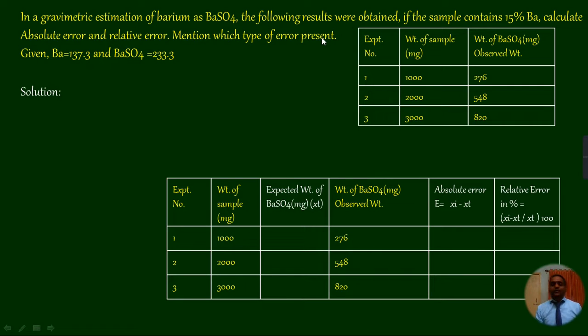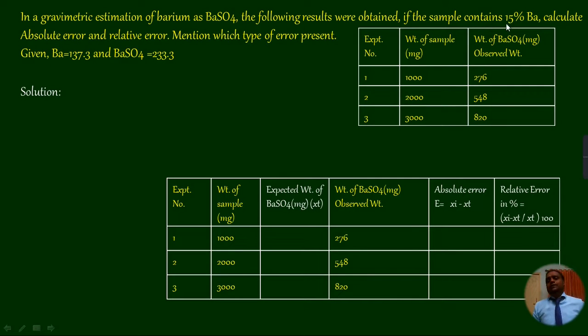So this is another example. Let's solve this example, and we will comment on the type of error present in this condition. In a gravimetric estimation of barium as barium sulfate, the following results were obtained.